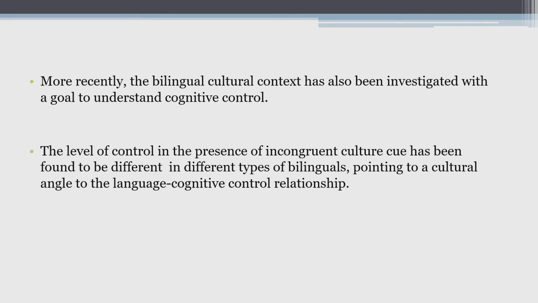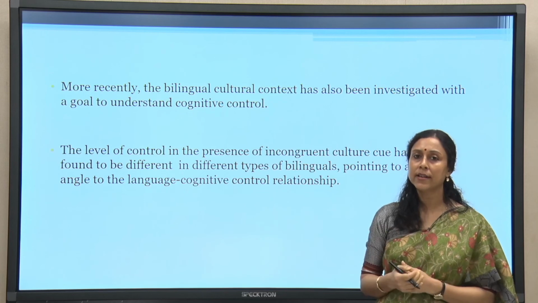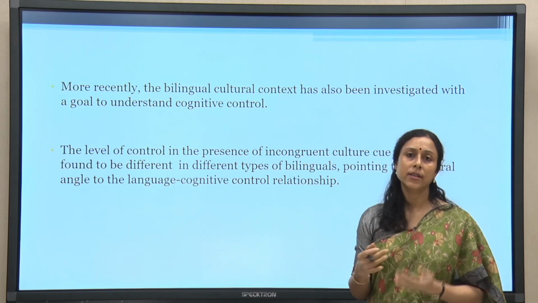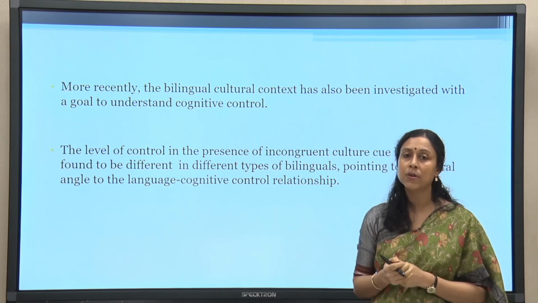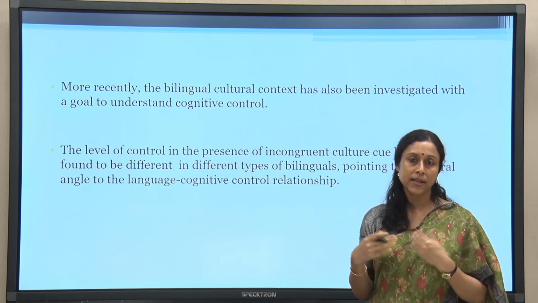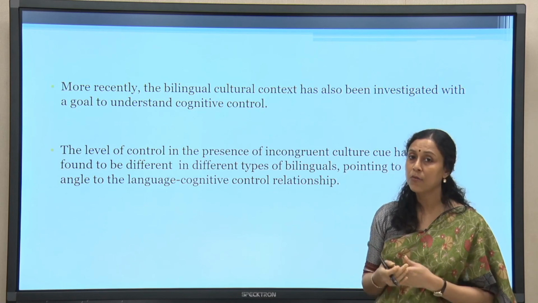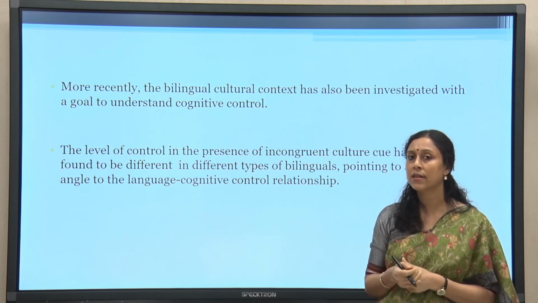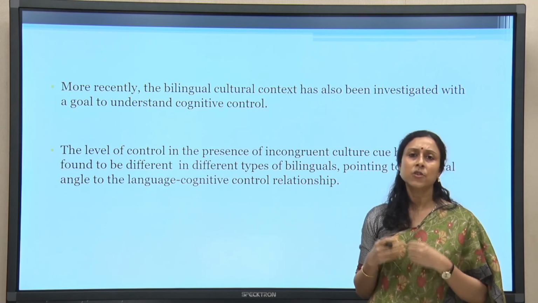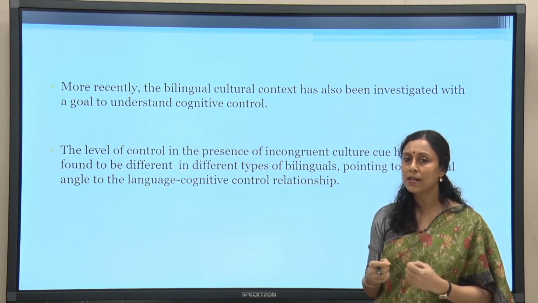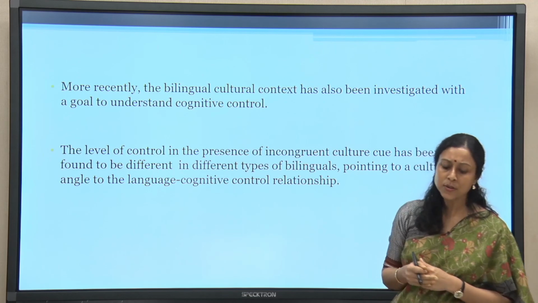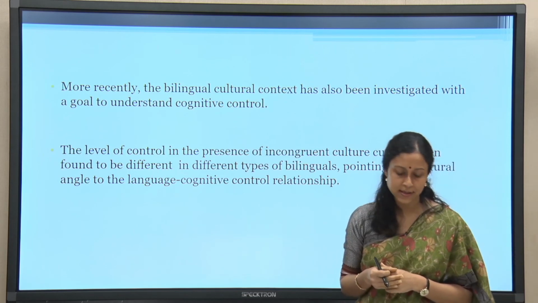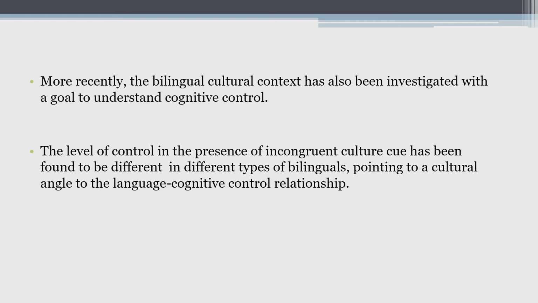So, what kind of cultural context, and whether it does affect, whether the bilingual is a highly proficient bilingual, or whether the person is a bicultural bilingual or just a bilingual without the cultural aspect attached, and so on. So, basically various very subtle nuances within bilingualism are now being looked at to understand the cognitive control mechanism that is considered to be connected with bilingualism.